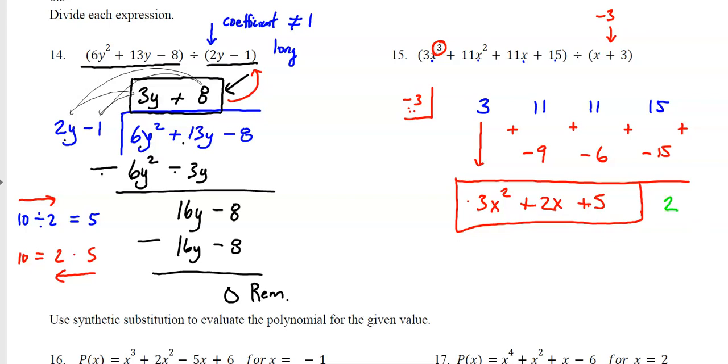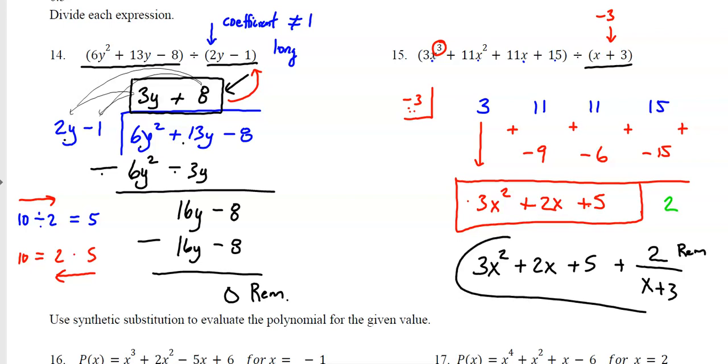Well, in that case, you'd write your answer as 3x squared plus 2x plus 5 plus, you'd put the 2 on top of what you divided by. So you're always going to put your remainder up there on top of that piece. But that was just pretend. This was really a 0. So don't want to confuse you.